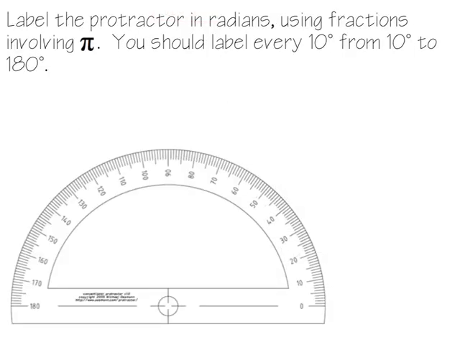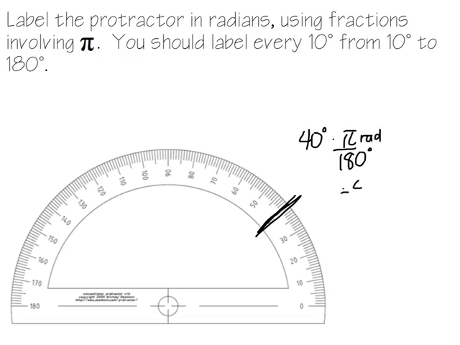The last thing I have is this protractor. If I want to convert every 10 degrees on here from degrees to radians, I could do that. So let's say I want to do 40 degrees. I can say, well, 40 degrees times pi over 180.